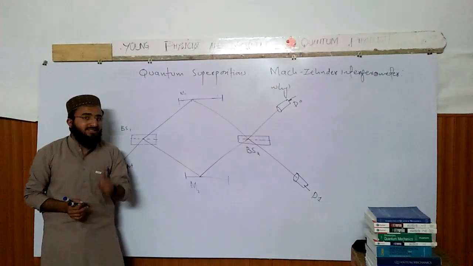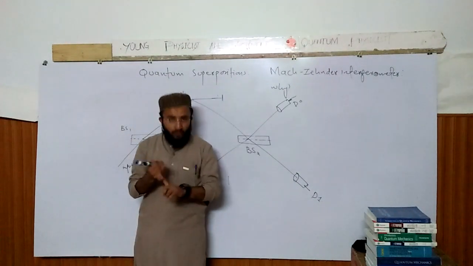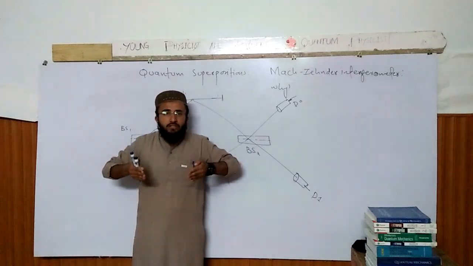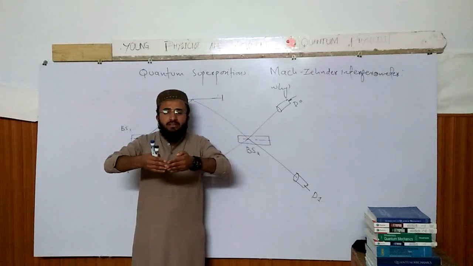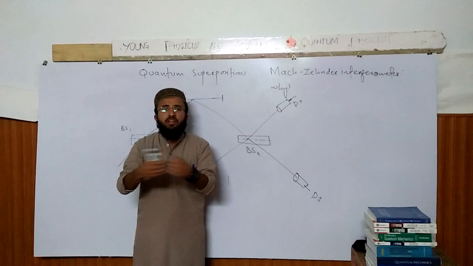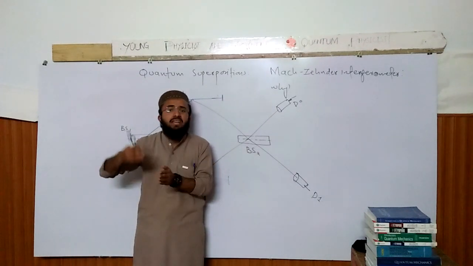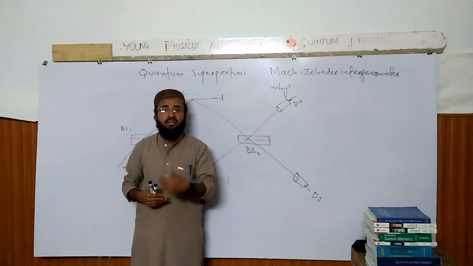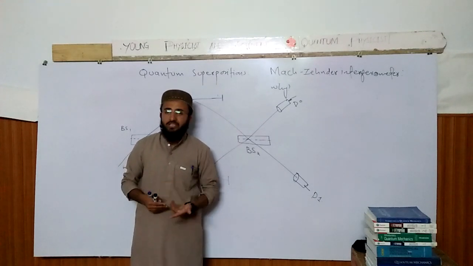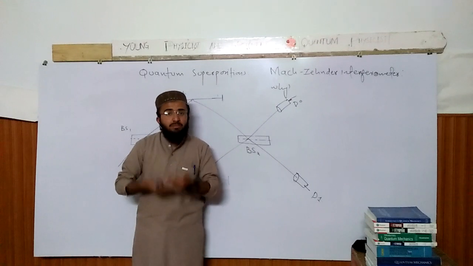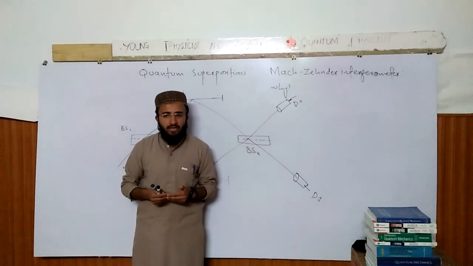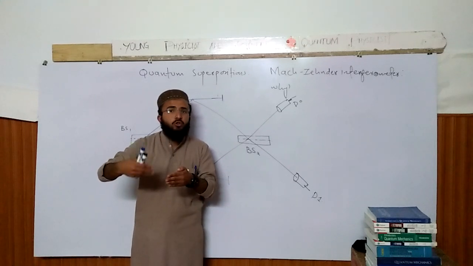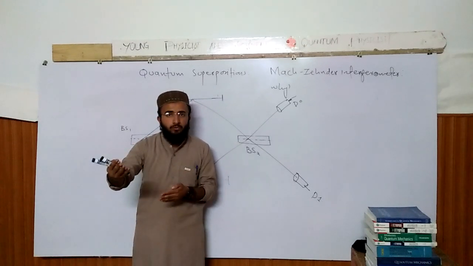Why? Because we know that in destructive interference, when two photons end up, we would be given none of the photons. That is completely impossible, because it would be against the law of conservation of energy. The same is the case for constructive interference. When two photons end up, they should give four photons.